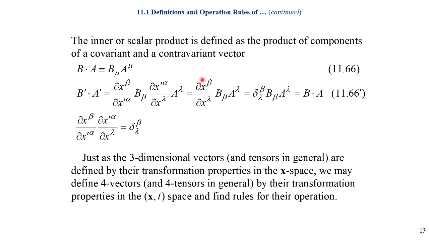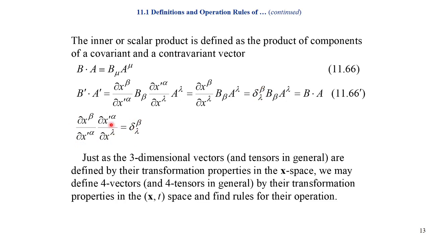Just imagine this is ct, x, y, z, and t, x, y, z are independent variables. So only when beta equals lambda do we get a value. Otherwise, nothing. So eventually we have delta beta lambda. We can express it in this form.